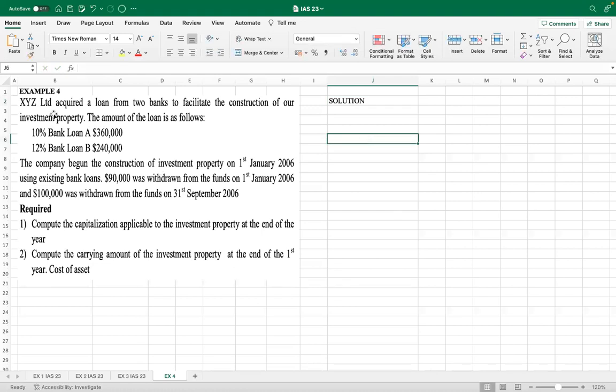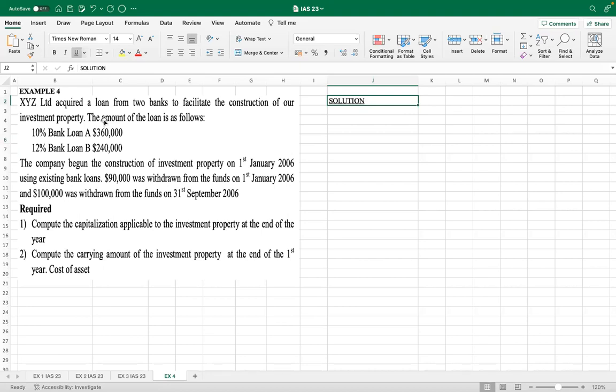So the question reads, XYZ, please let's be attentive because this is a completely different type of equation on borrowing costs. XYZ acquired a loan from 2 banks to facilitate the construction of investment property.